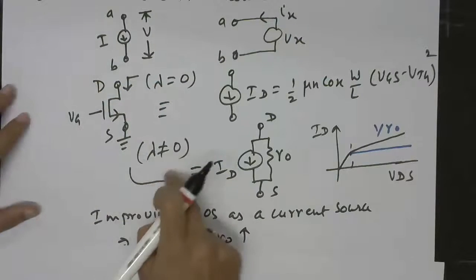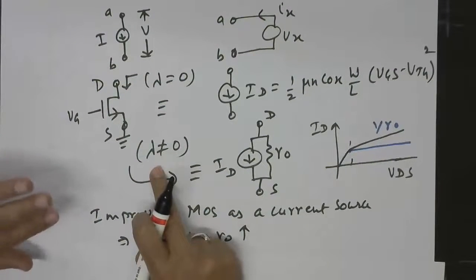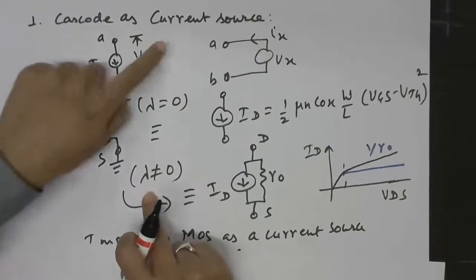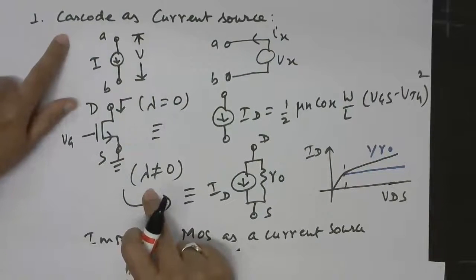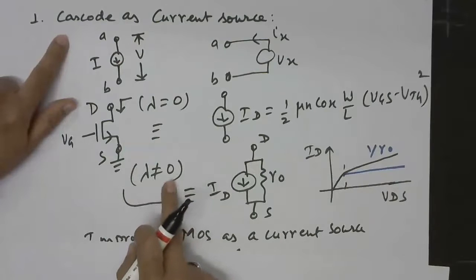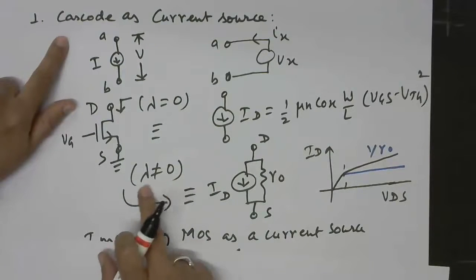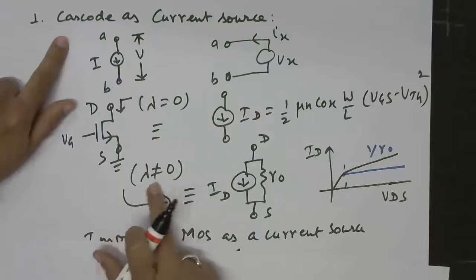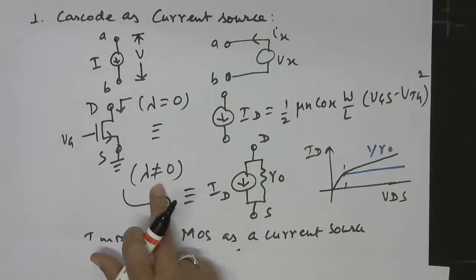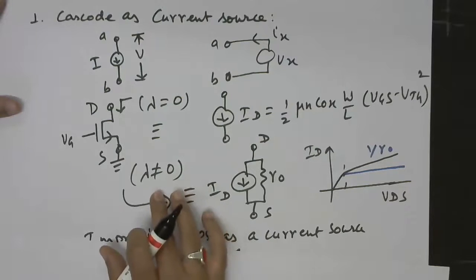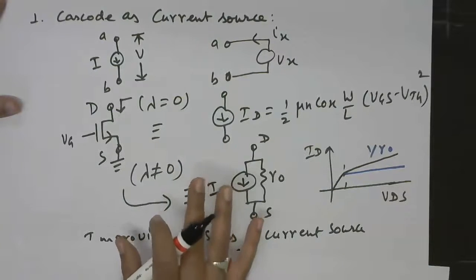So we are always talking about the scenario with lambda nonzero. Whether we use cascode as a current source or as an amplifier, we target these two applications keeping in mind that this part cannot be neglected. So whenever we say cascode, it means channel length modulation is being included.